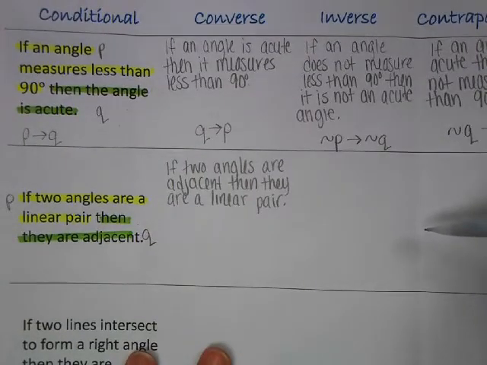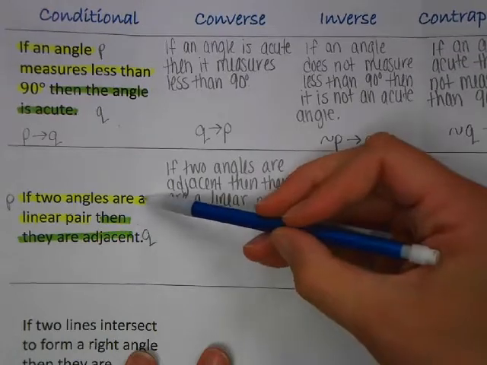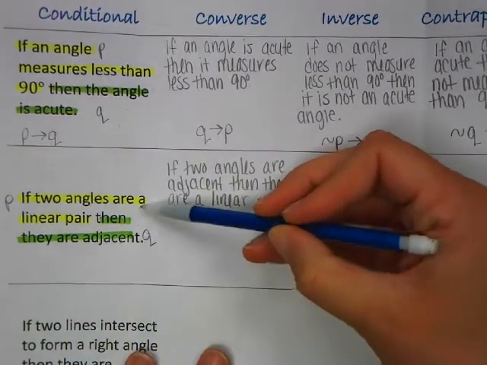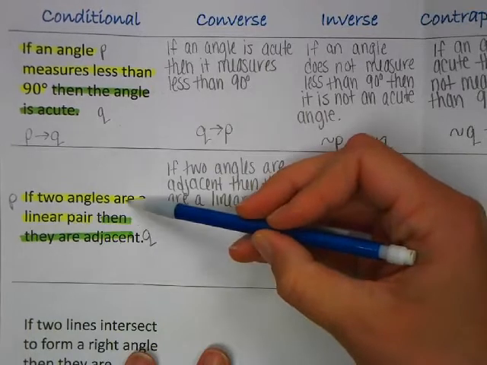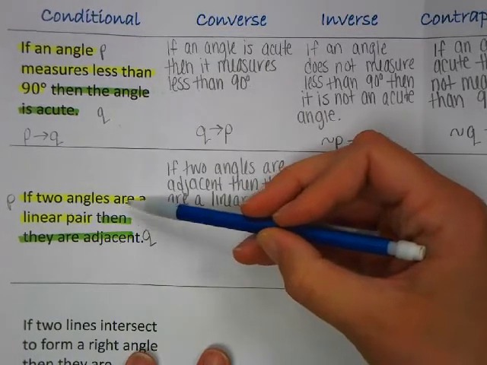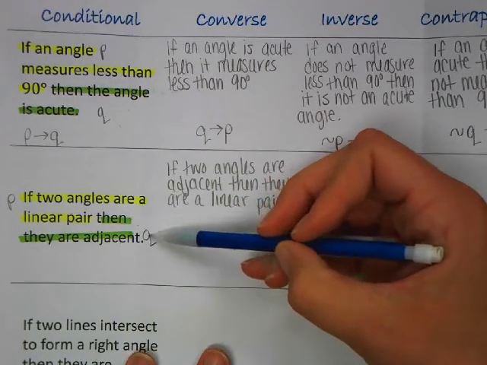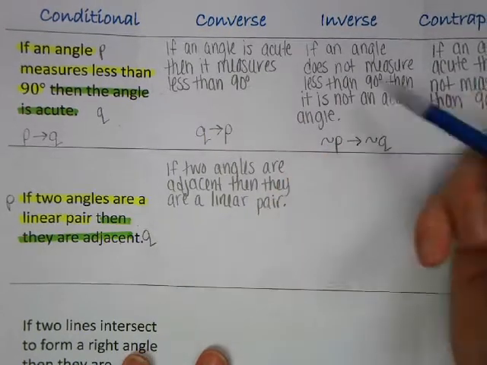To get the inverse, you're just negating. They're still going to stay in the P then Q order, but you're going to negate them. So you would say if two angles are not a linear pair, then they are not adjacent.